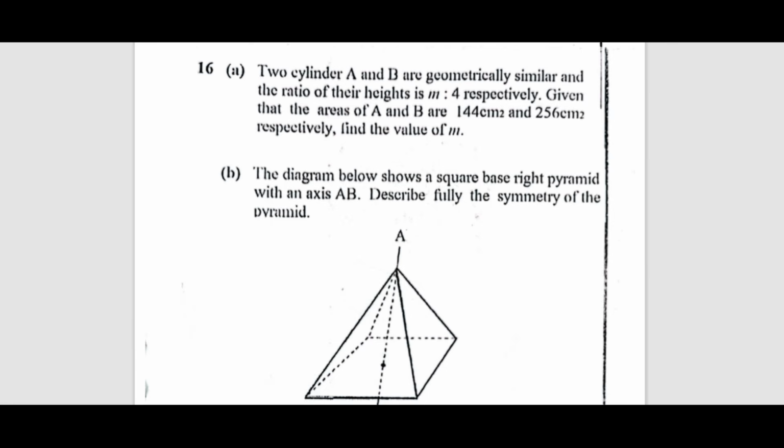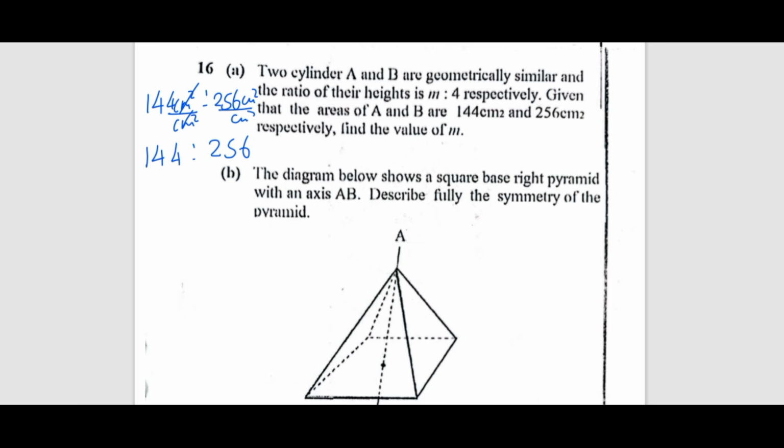So how can we find the value of m? Let's make these numbers as ratios. So we have 144 centimeters squared to 256 centimeters squared. We'll divide by centimeters squared, so that here we have 144, then we have 256.